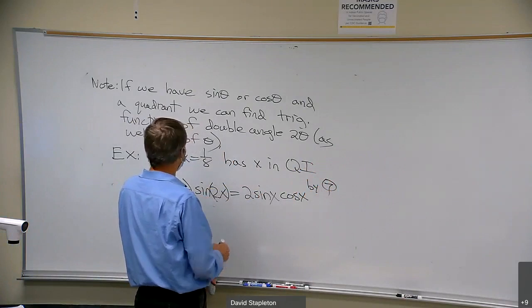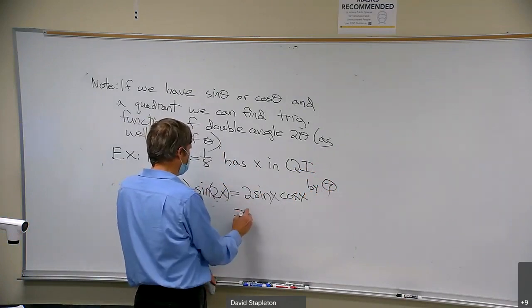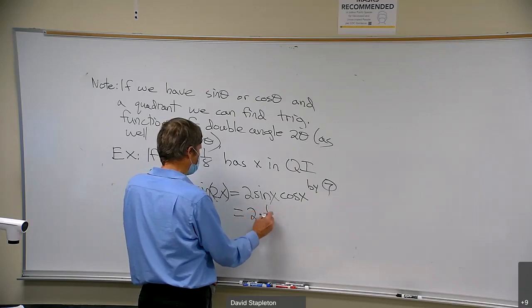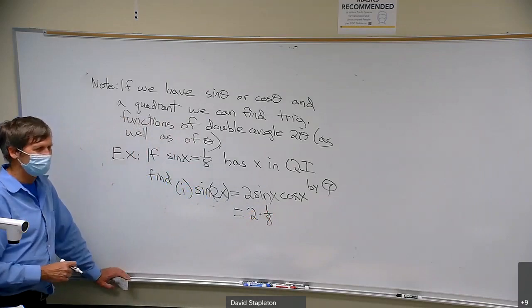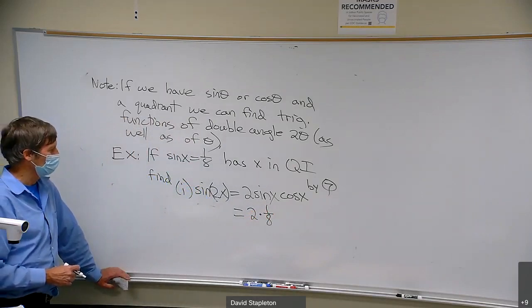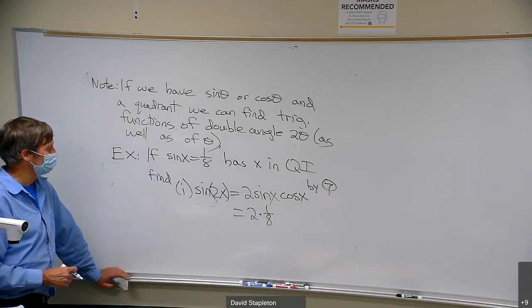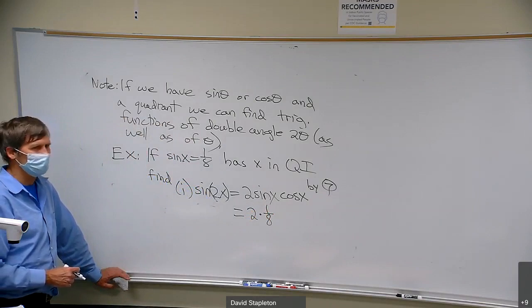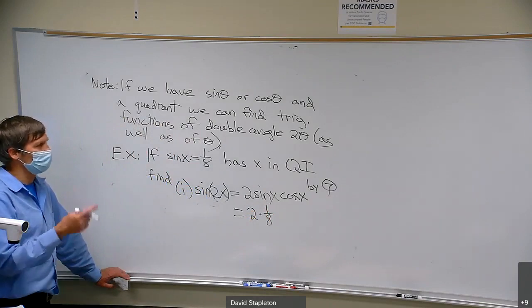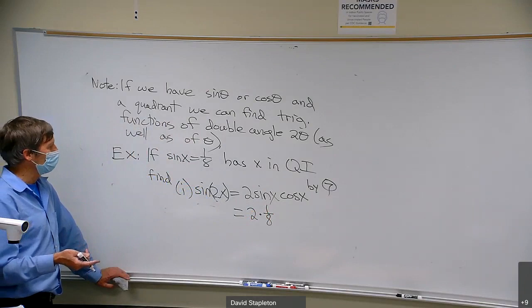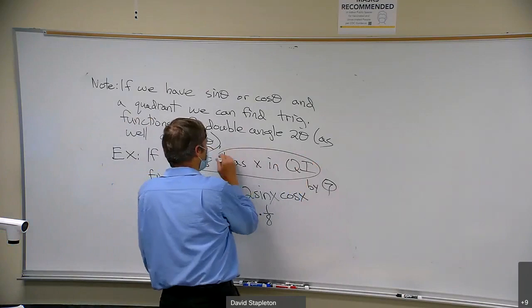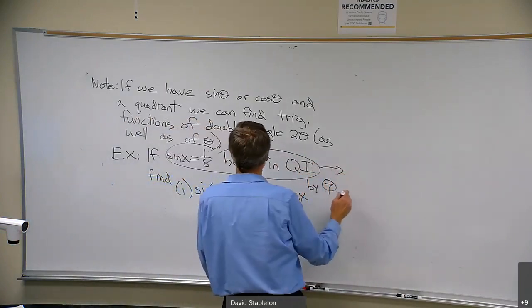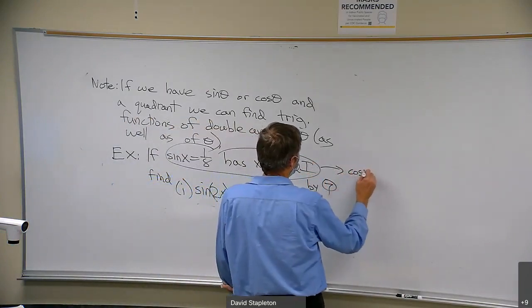All right, now sine x is 1/8. Got that, but what's cosine x? Remember before we said if you knew one trig function in a quadrant, you knew all 6 of them, right? How do we do that? We had, for instance, the Pythagorean identity. If we know sine, we know the cosine.